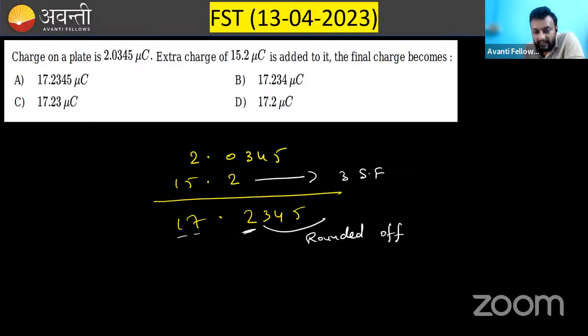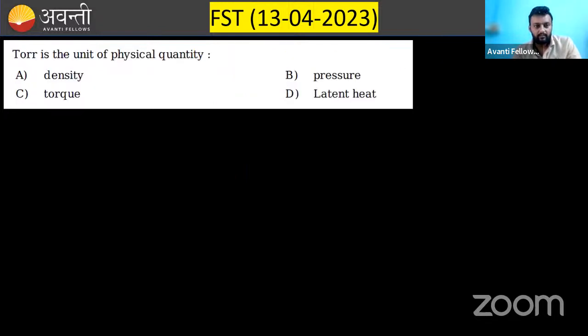While rounding off, we can see that this 3 is smaller than 5. If 3 is smaller than 5, then we can easily skip that. So final answer will be 17.2, which is option number D. So this is a question based on significant figures. This is a rememberable question. Torque is the physical quantity of pressure, nothing else.